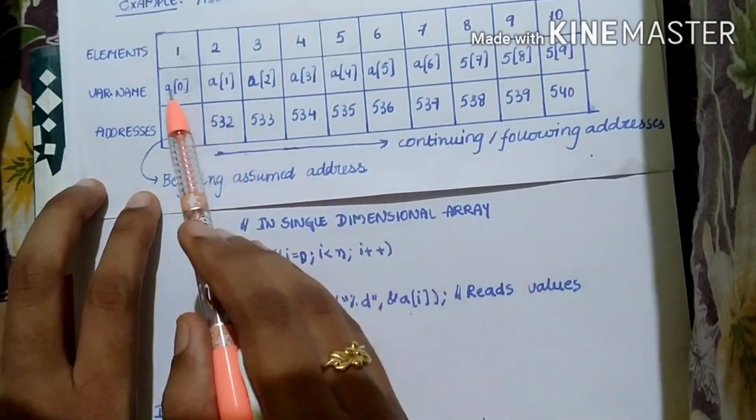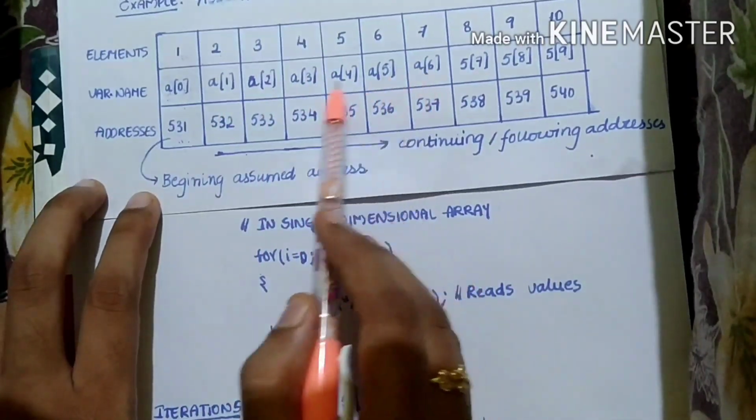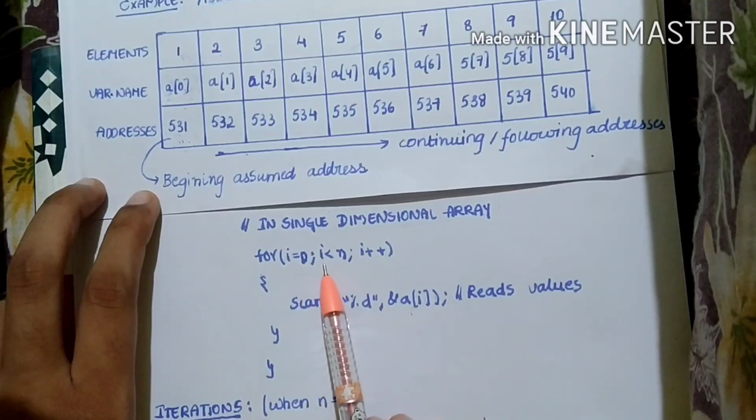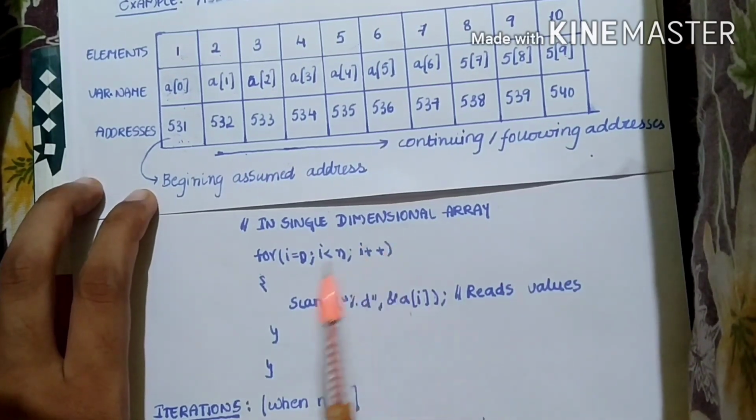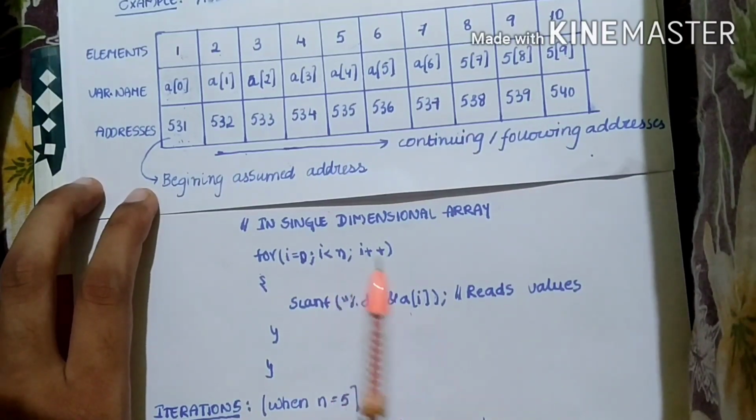So here 0, 1, 2, 3, 4, 5, 6, these are all i values, and the i values are given with a condition i less than n and incrementation. So n we have given as 10.